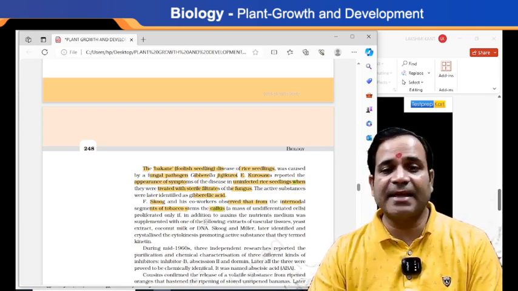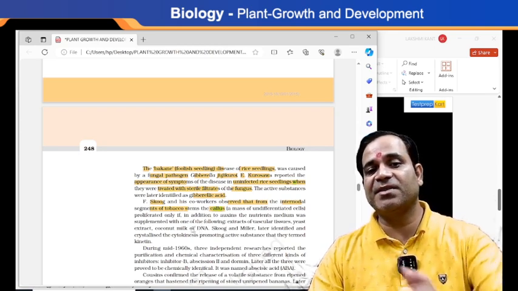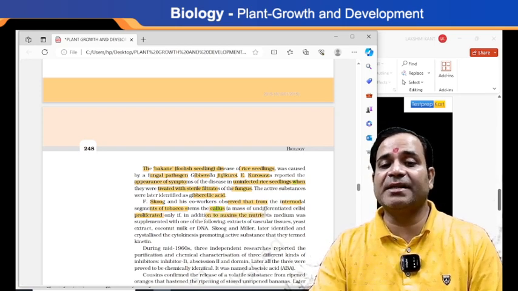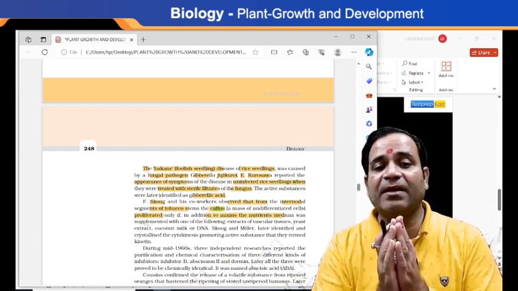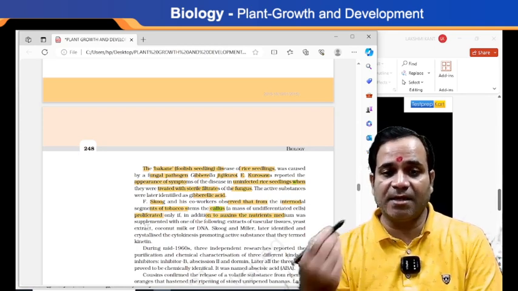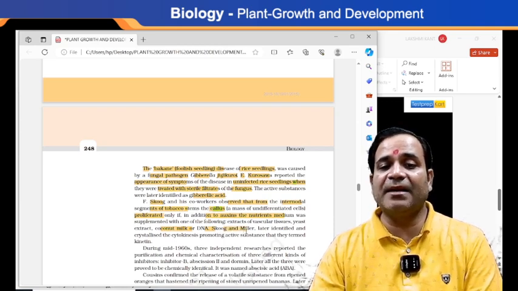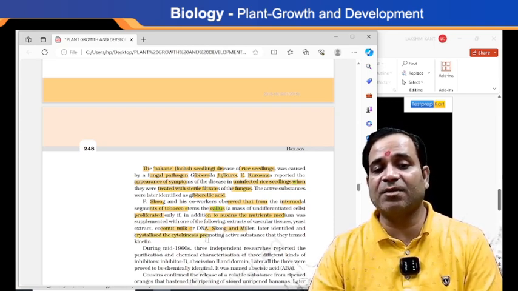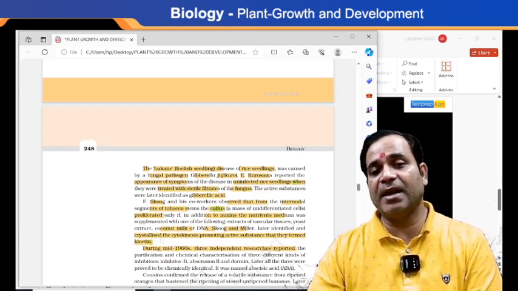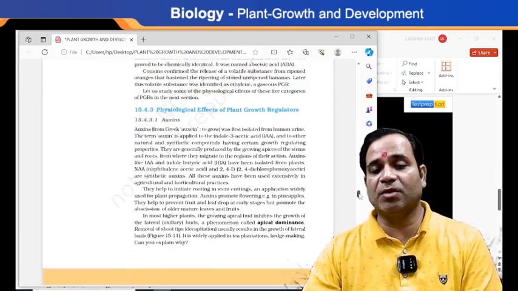You know callus is nothing but a mass of undifferentiated cells. The callus proliferated only if, in addition to auxin, nutrient medium such as coconut milk or DNA was added, then it would differentiate into vascular tissue and continue to grow. Skoog and Miller later identified and crystallized the cytokinin promoting active substance, termed kinetin, my dear. So this is the plant growth regulator hormone which is responsible for growth in plants, my dear.